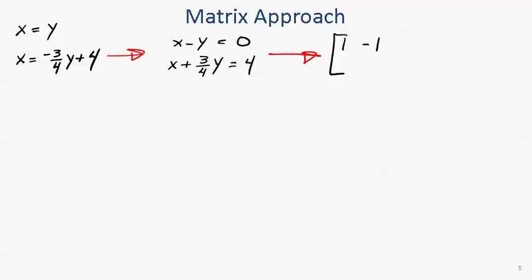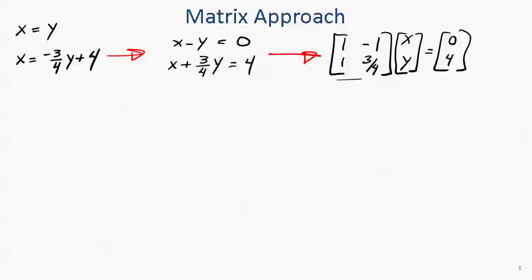So you get this matrix times x, y equals 0, 4. Now in matrix algebra, we're just going to invert this matrix, and if we find its inverse and multiply that inverse by both sides, we will isolate x and y so we can solve for them. So the first thing we need is the matrix inverse.